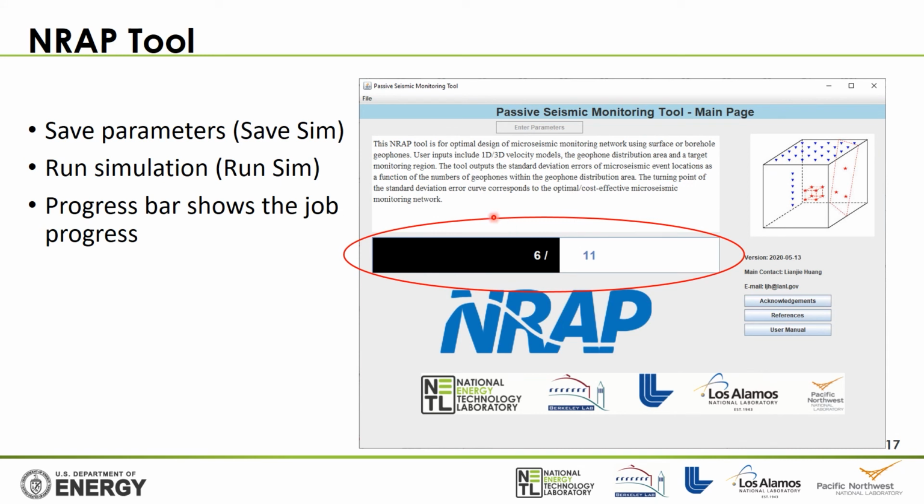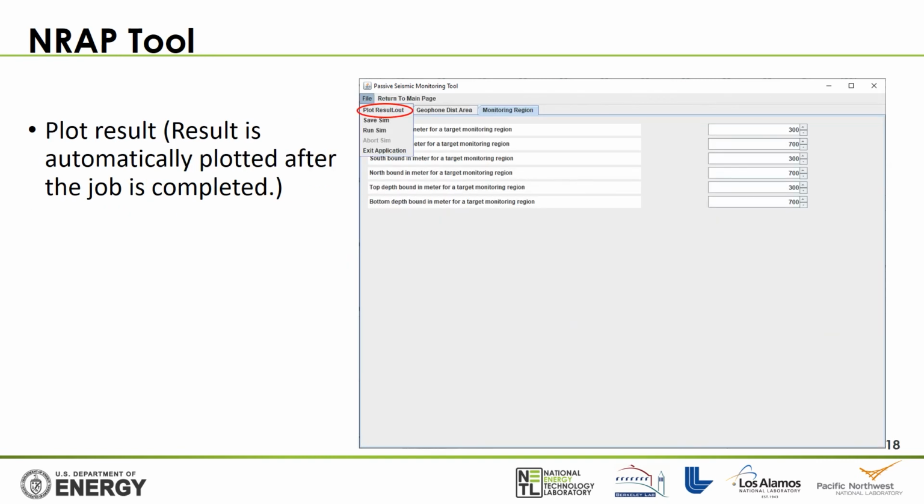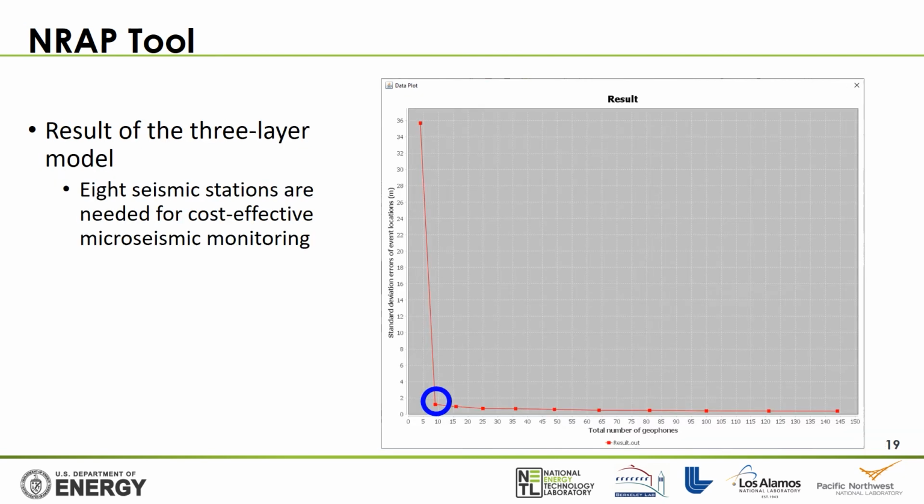And then a progress bar as shown here will show the job progress. When the job is done, the result is automatically plotted. If you want to plot manually, you can just click this button to plot the result again. And here is the result of the 3-layer model I entered earlier.